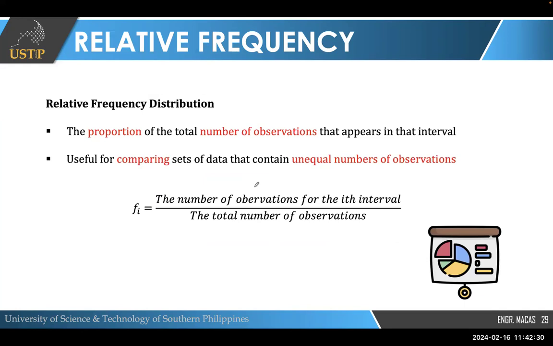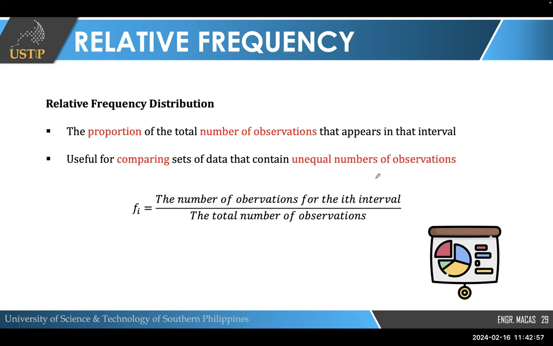Actually, it is very related to your frequency distribution table and the cumulative one. But how is this important or relevant, and how do we compute the relative frequency distribution? First we have to understand what relative frequency is. This is the proportion of the total number of observations that appears in that interval. It is useful for comparing sets of data that contain unequal numbers of observations.